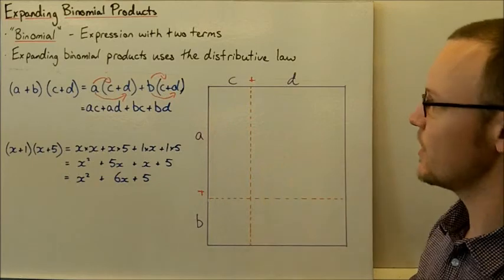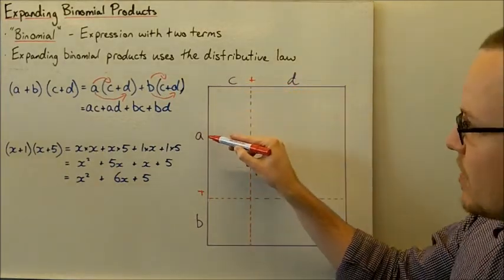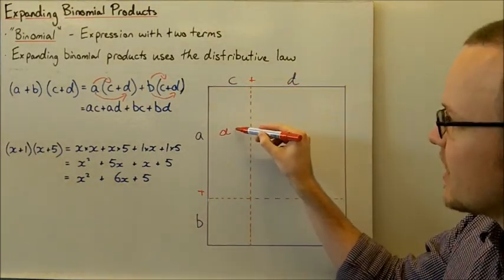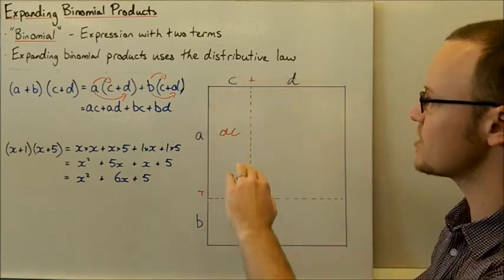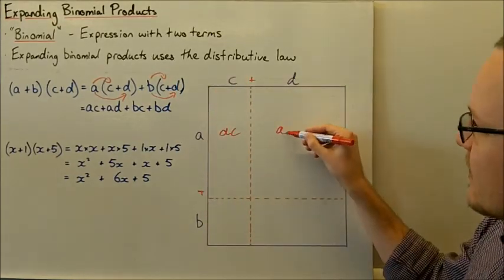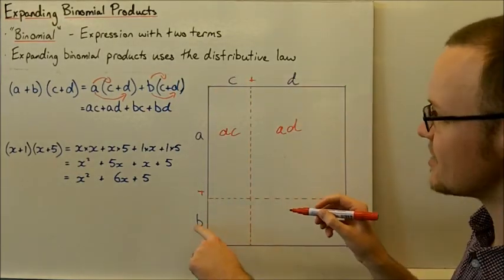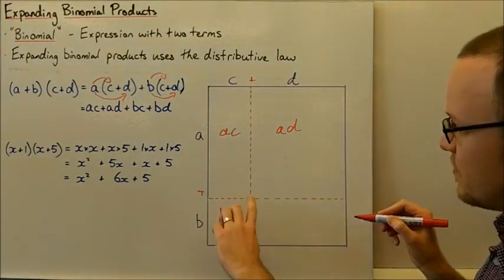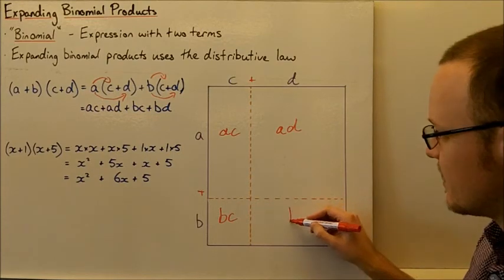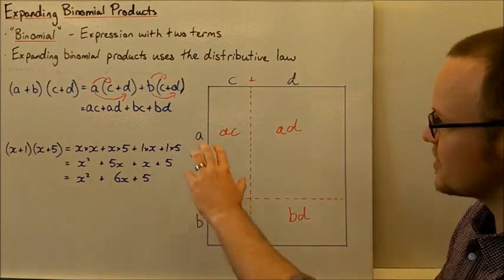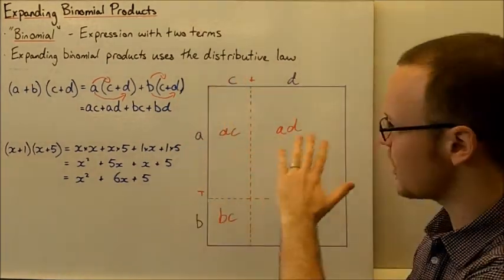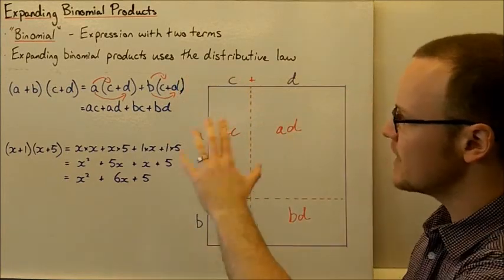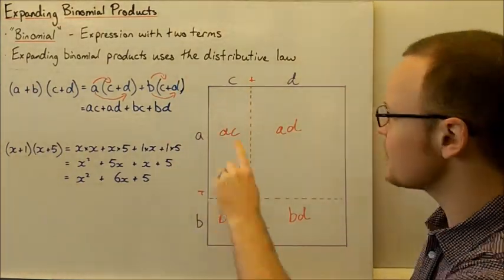We can see that on our diagram here. This shape is A times C, AC. This is AD, A times D. This is B times C, BC, and this is B times D, BD. So we've split this rectangle up into sub-rectangles.